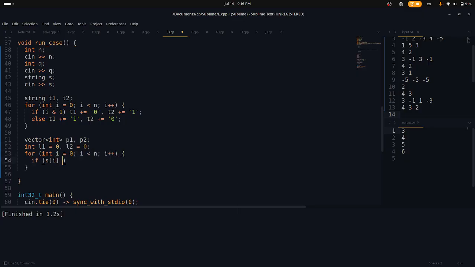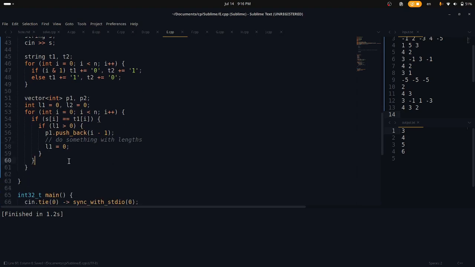So if s of i equals t1 of i, then if len is greater than 0, then t1 dot push back i minus 1, because at that point we end. Otherwise len plus equals 1.